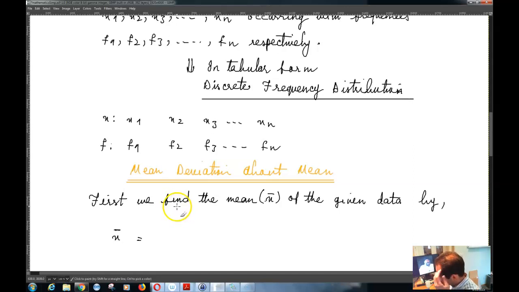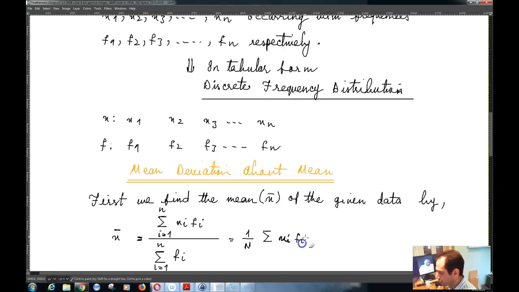What this means is that you need to calculate sigma xi times fi as i goes from 1 to n, and divide this by sigma fi as i goes from 1 to n.